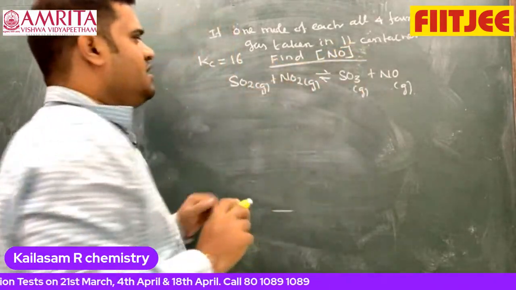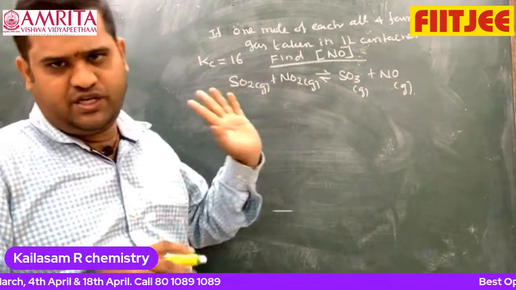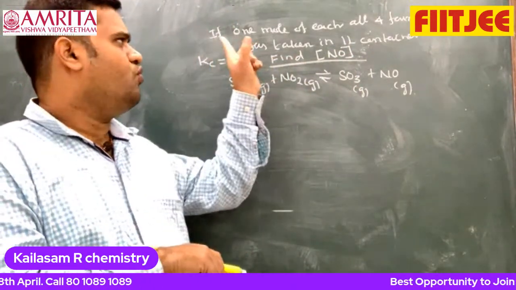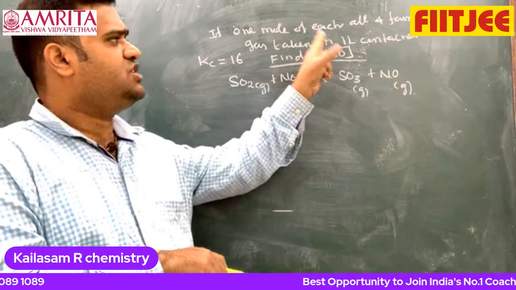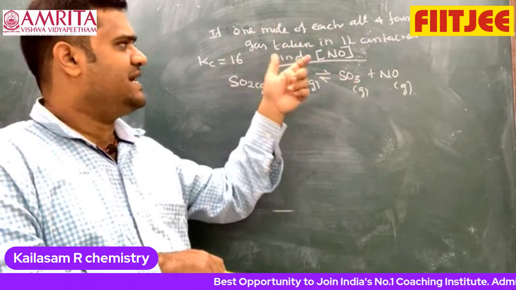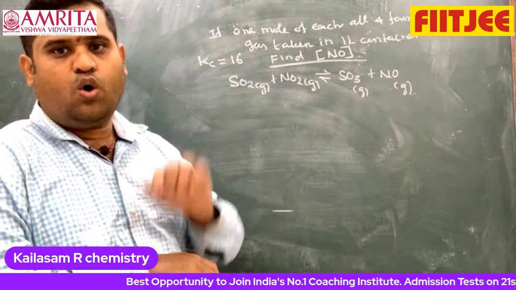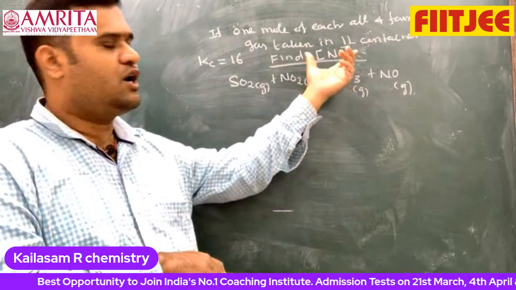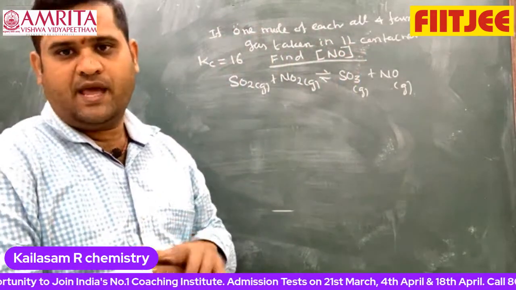This is the question. They gave Kc of the reaction as 16. If 1 mole of each of the 4 gases is taken in a 1 liter container, what would be the equilibrium concentration of NO? Now look very carefully.